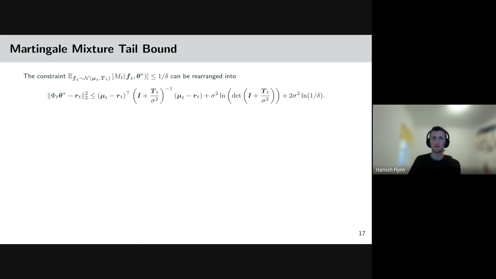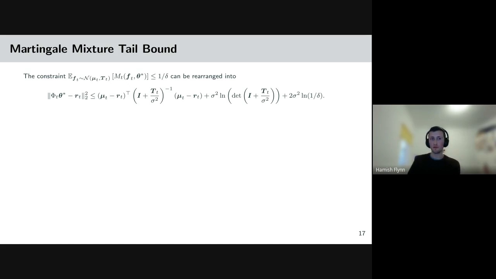So it took a bit of time to get here, but in return, this inequality does have quite a nice interpretation. So at each step t, it says that the vector of reward function values, this phi t times theta star, lies in a sphere. And the center of the sphere is at the reward vector rt, and the squared radius of this sphere is equal to the right-hand side of this inequality.